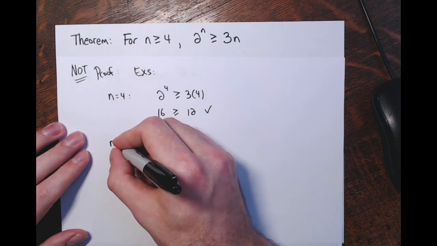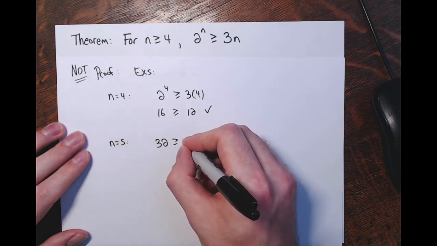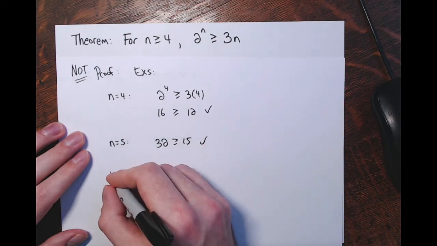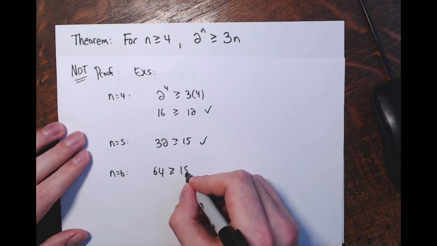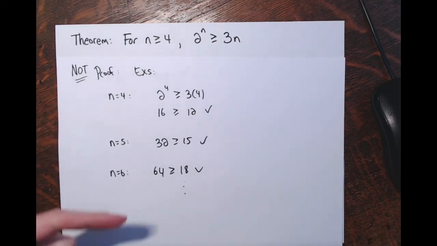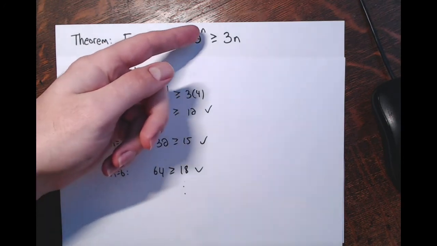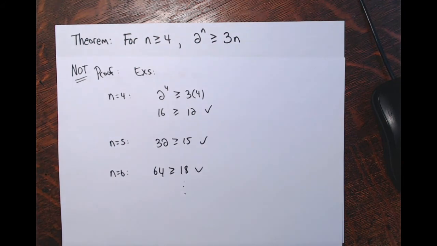How about when n is 5? You'd have 32 is greater than or equal to 15. Yeah. When n is 6, you'd have 64 is greater than or equal to 18. Of course. I mean, this left side, it's an exponential expression. This right side's a linear expression. So it's definitely going to be growing much, much faster, that left side.